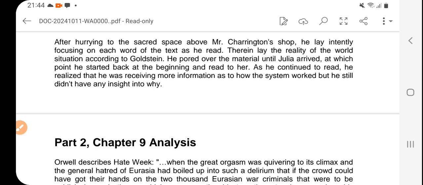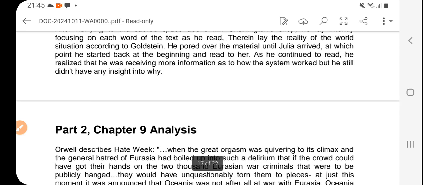He pored over the material until Julia arrives, and then he started back at the beginning and read to her, and he continued to read, and he realized that he was receiving more information because Julia gives more information.